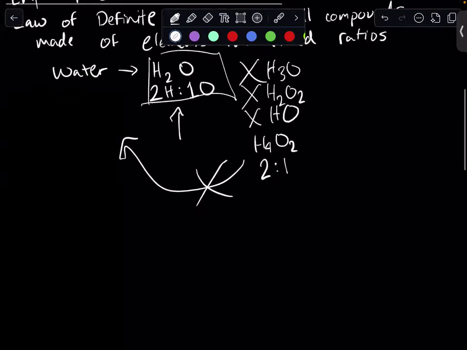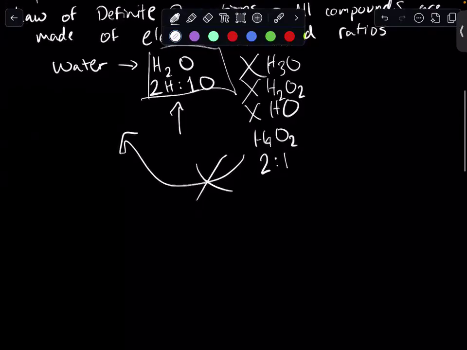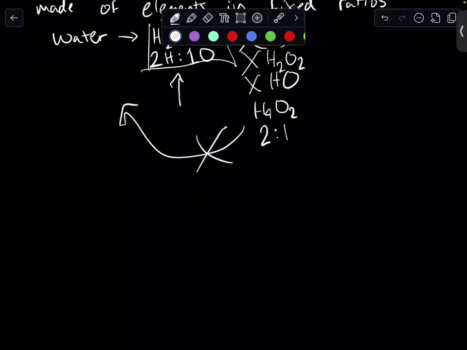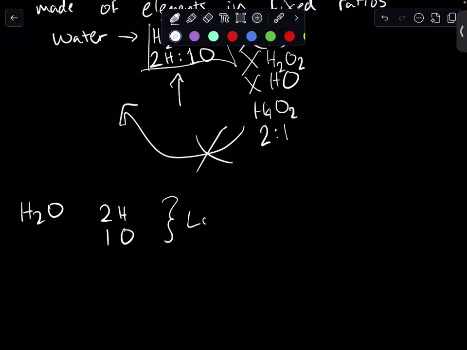All right. So with that idea in mind, let's actually look at water specifically. So H2O, like we said, has two hydrogens and one oxygen. And what we can do is we can start looking at compounds by mass percent.